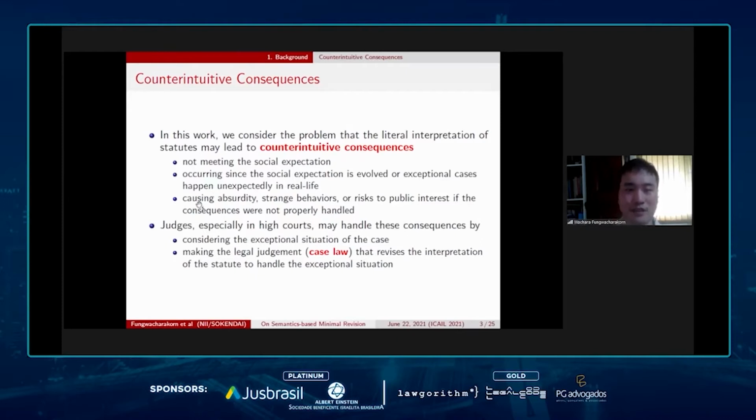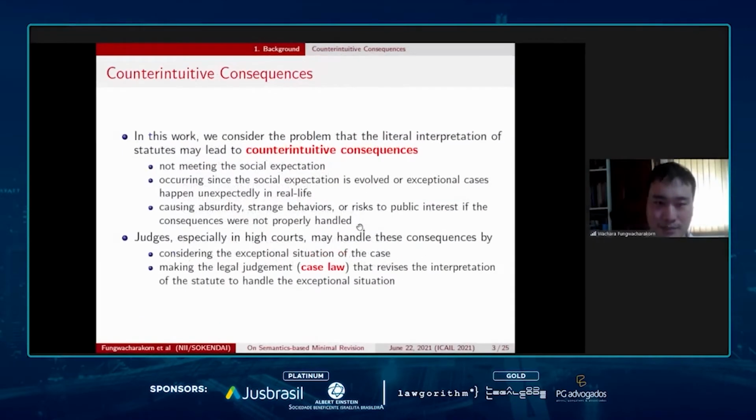This kind of consequence causes absurdity, strange behaviors, or leads to public interest issues if the consequence were not properly handled. So judges, especially in high courts, may handle this kind of consequence by considering the exceptional situation of the case and make the legal judgment known as the case law that divides the interpretation of the statute to handle the exceptional situation.